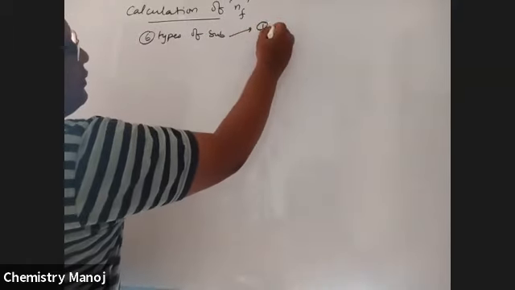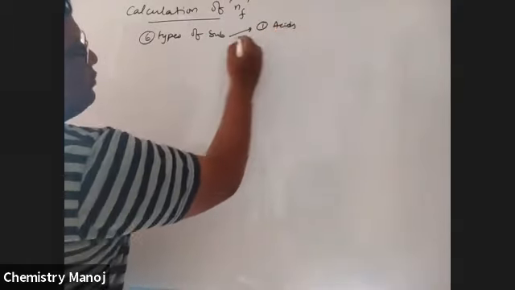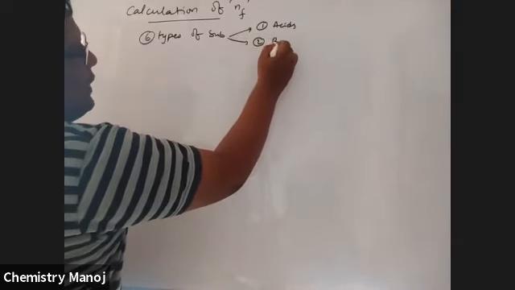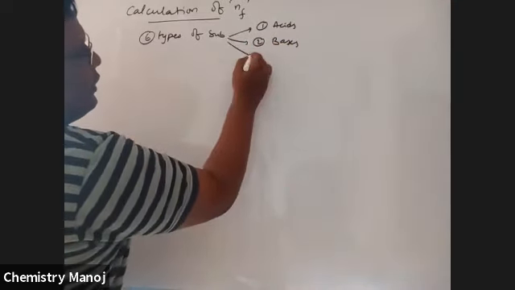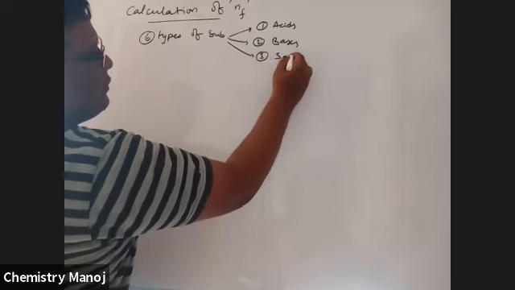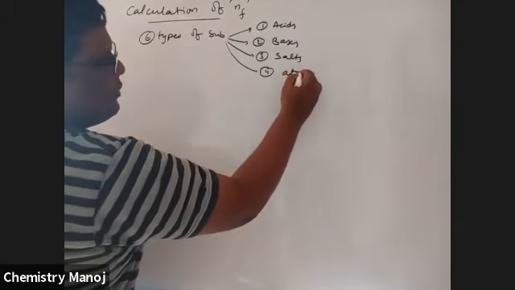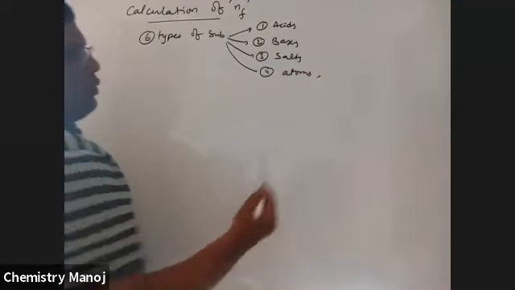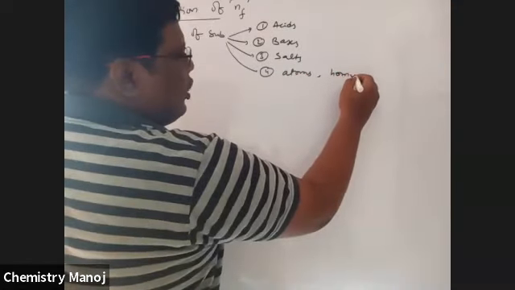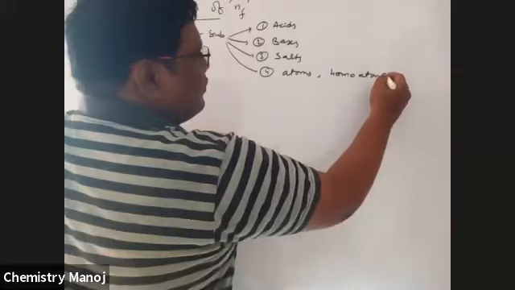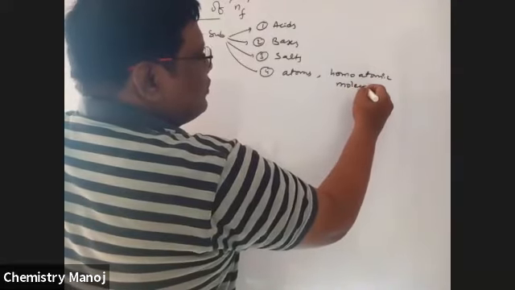One is acids. Second is bases. Third is salts. Fourth is atoms and homoatomic molecules.